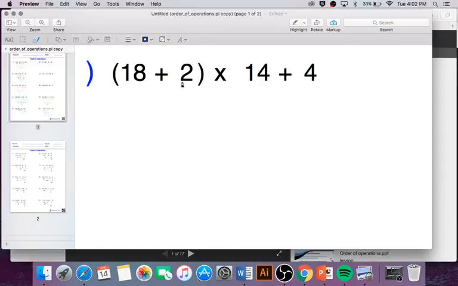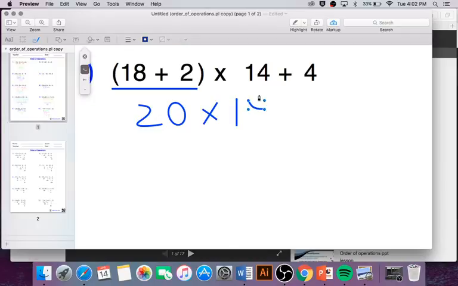This problem, we have 18 plus 2 in parentheses times 14 plus 4. Parentheses is the first thing we're going to solve. So we have 18 plus 2, which is 20. We'll bring down the rest of the problem, which will give us times 14 plus 4. Okay, now we have 20 times 14 plus 4. Multiplication comes before addition.